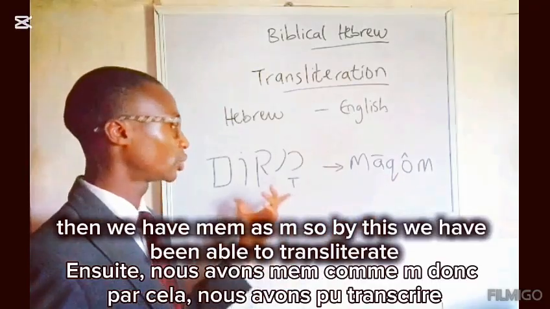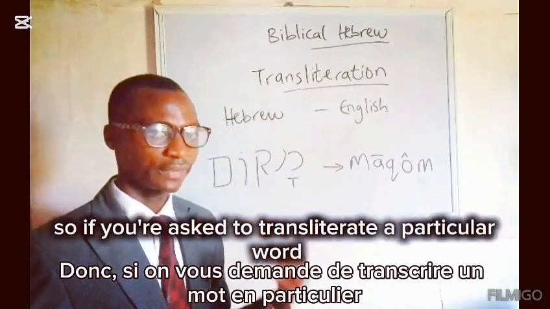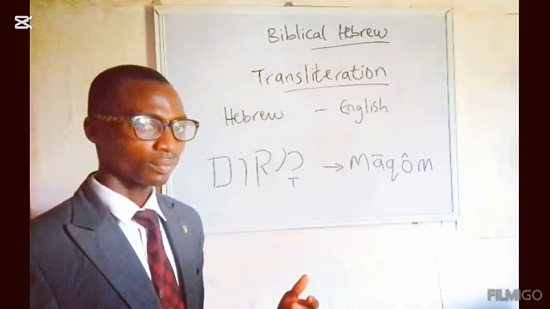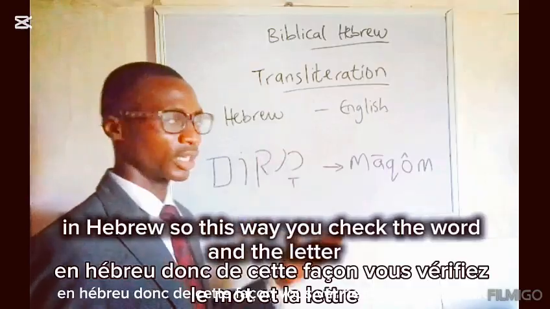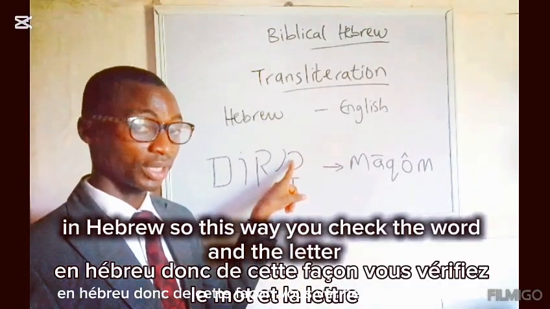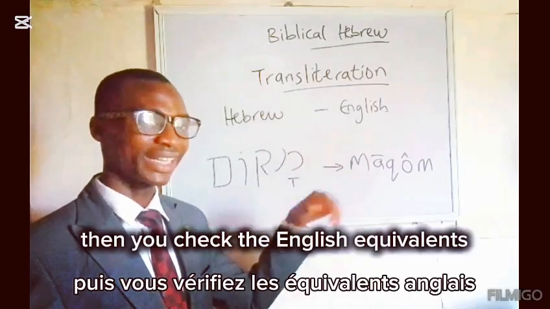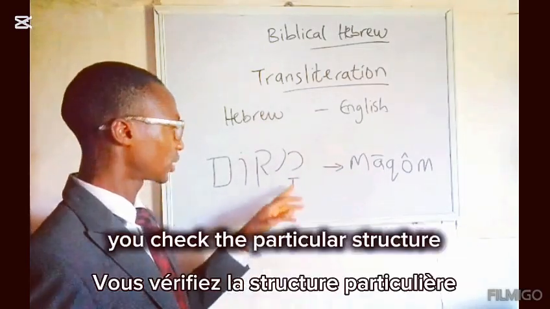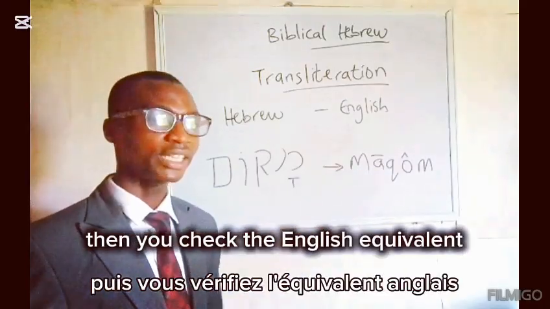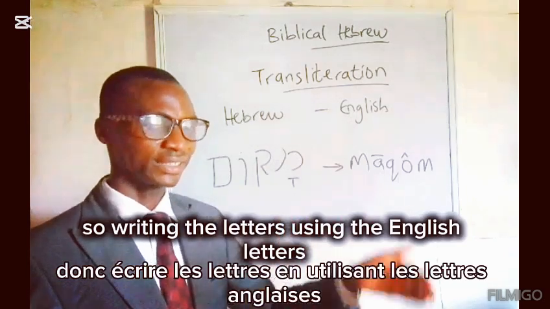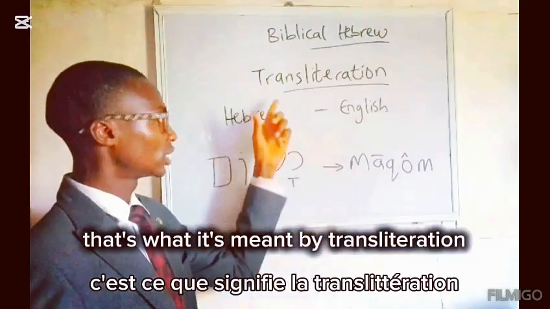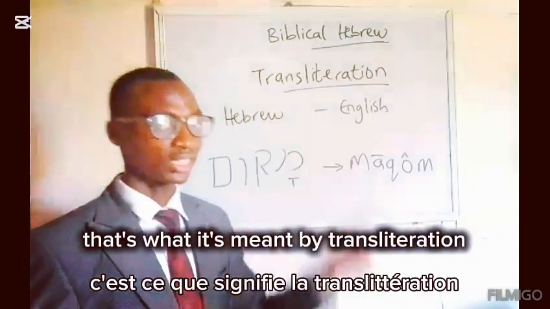By this we are able to transliterate. So if you have to transliterate a particular word in Hebrew, this is where you check the word and the letter, then you check the particular structure, then you check the English equivalence. Writing the letters using the English letters, that's what is meant by transliteration.